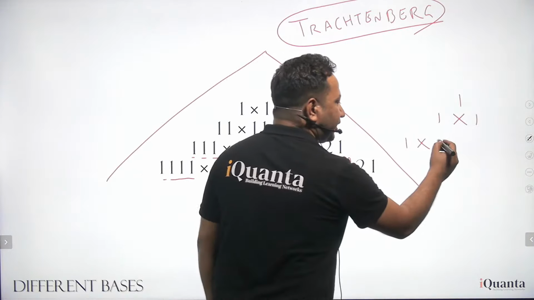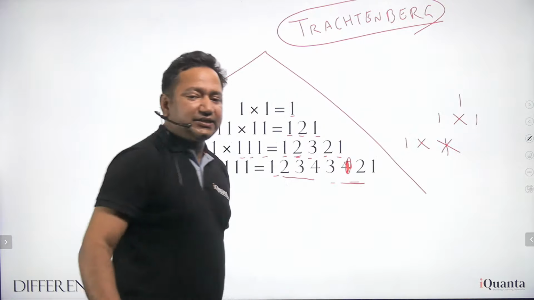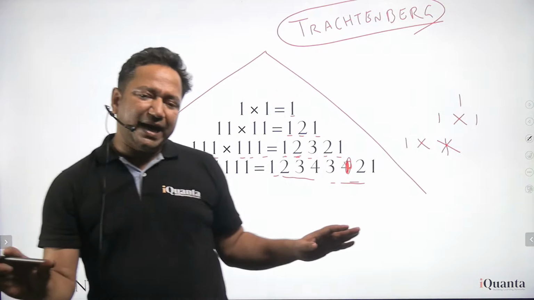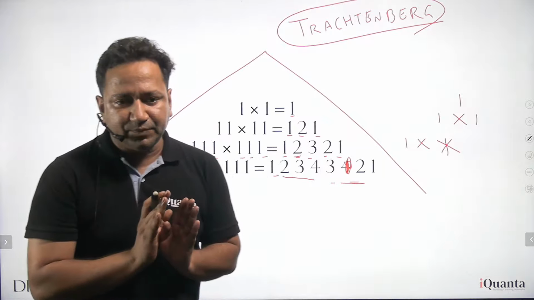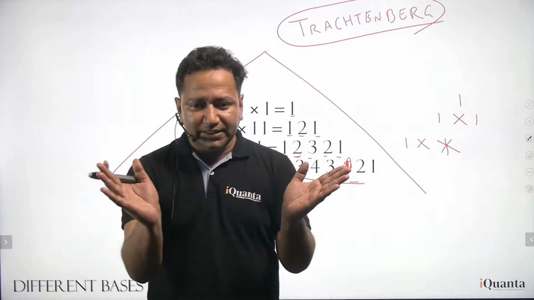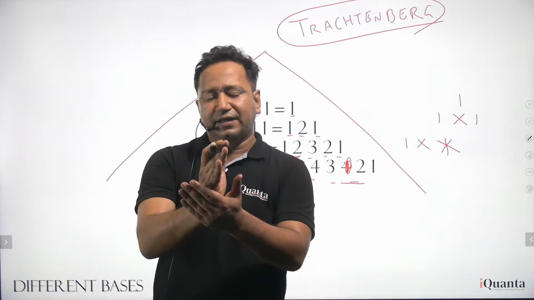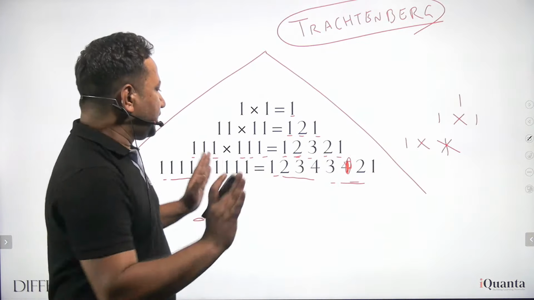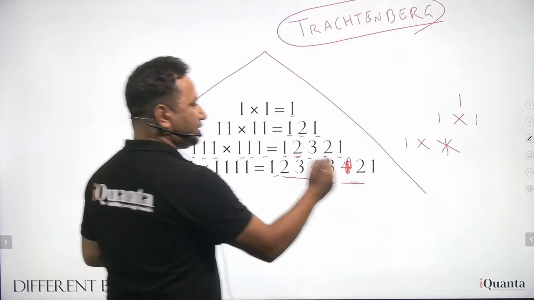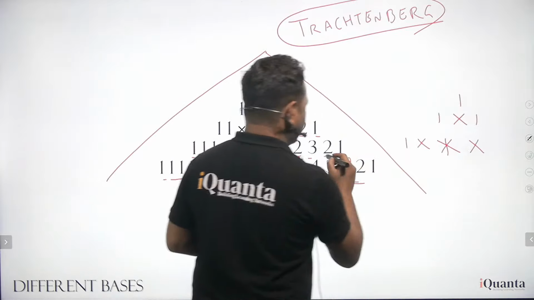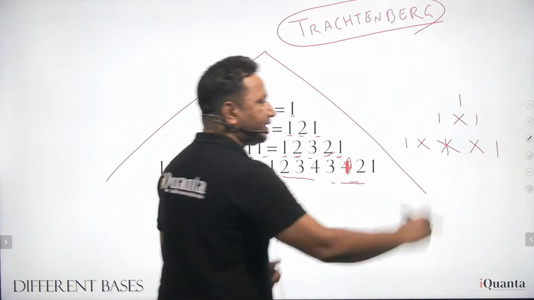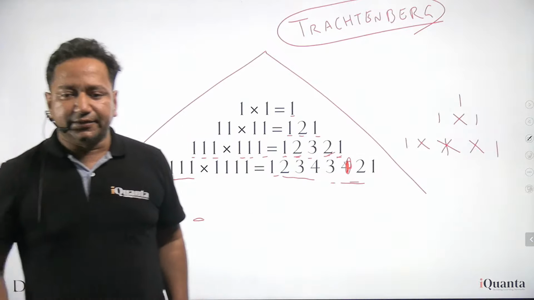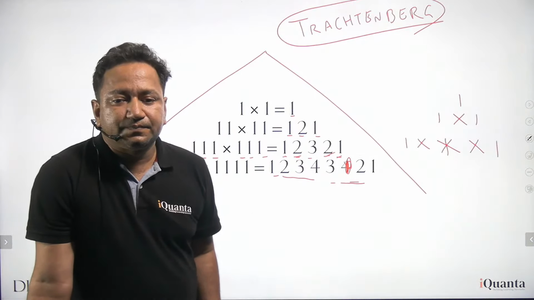For 3, a cross and a vertical line. So basically, whatever we have to make, we'll make by crosses and vertical lines. If there are an odd number of elements, a vertical line will be required. For an even number of elements, a cross will be sufficient. Now, for 2, again a cross. For 1, a vertical straight line. I hope this is clear.